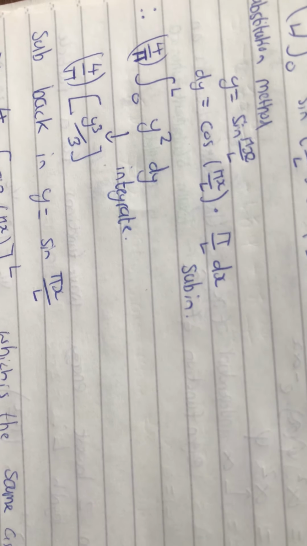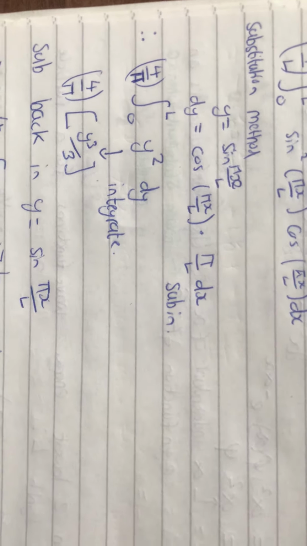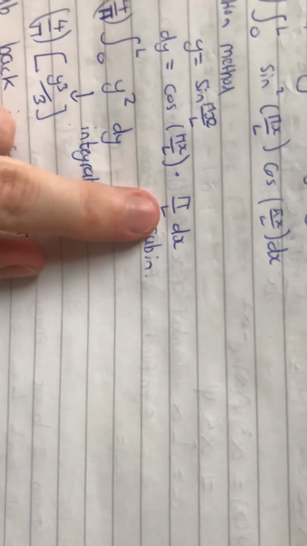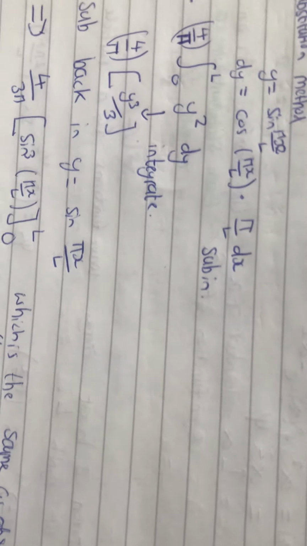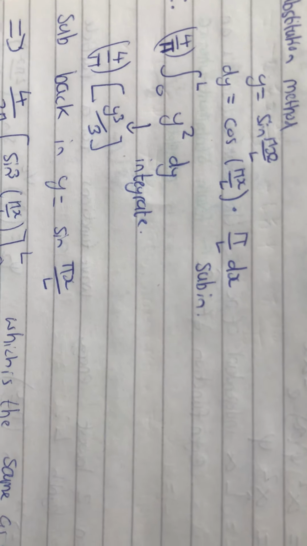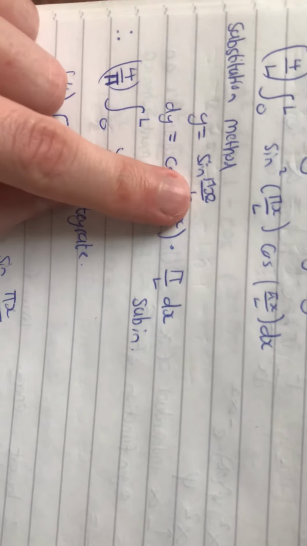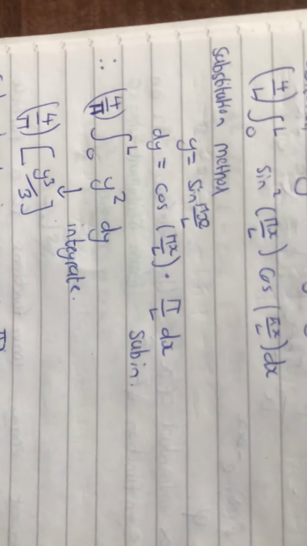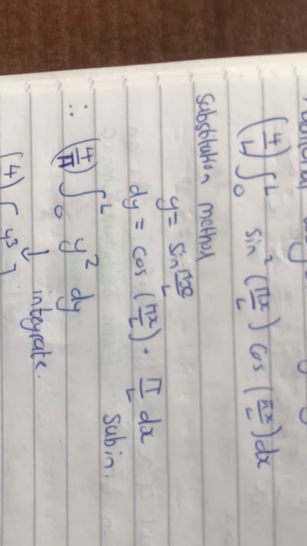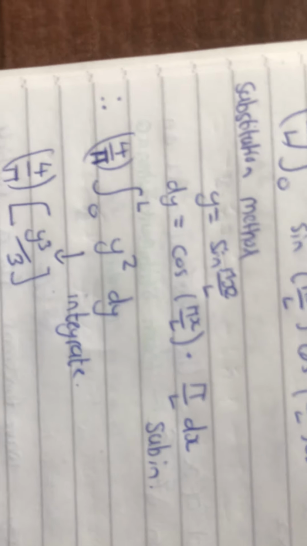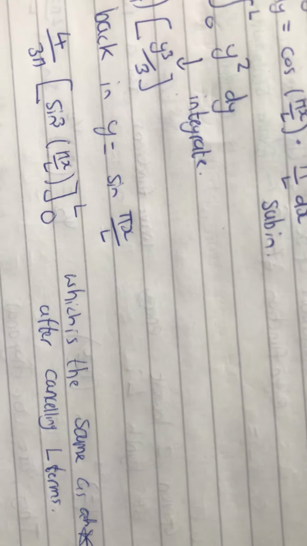The 4 over L cancels with the L that was usually there, which means you'll get a pi instead, because you take out that pi over L, and that gives you 4 over L times pi over L, and once you times those together you'll get 4 over pi.